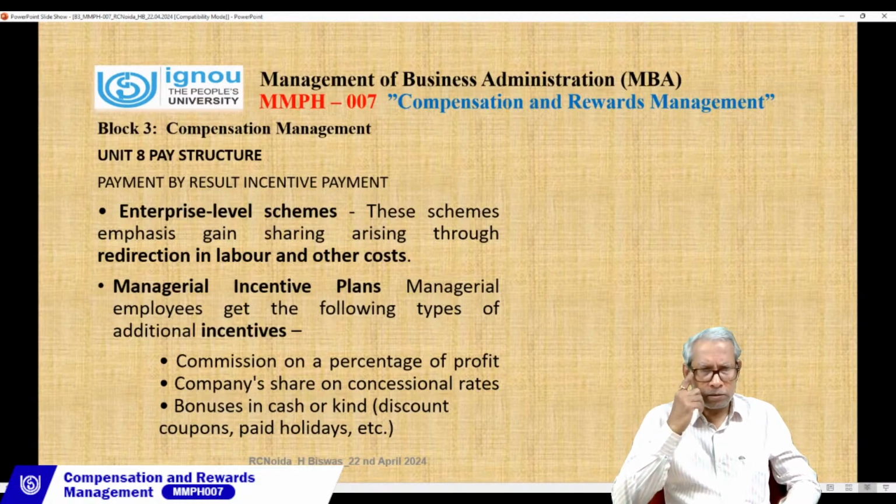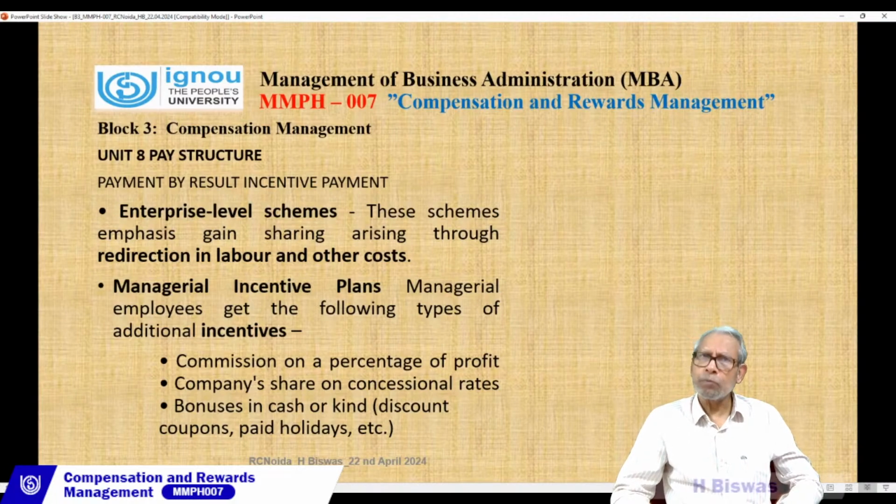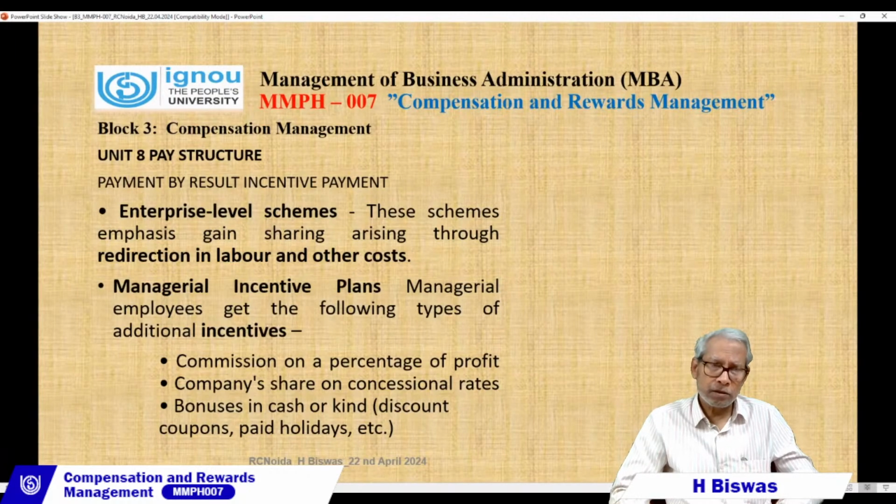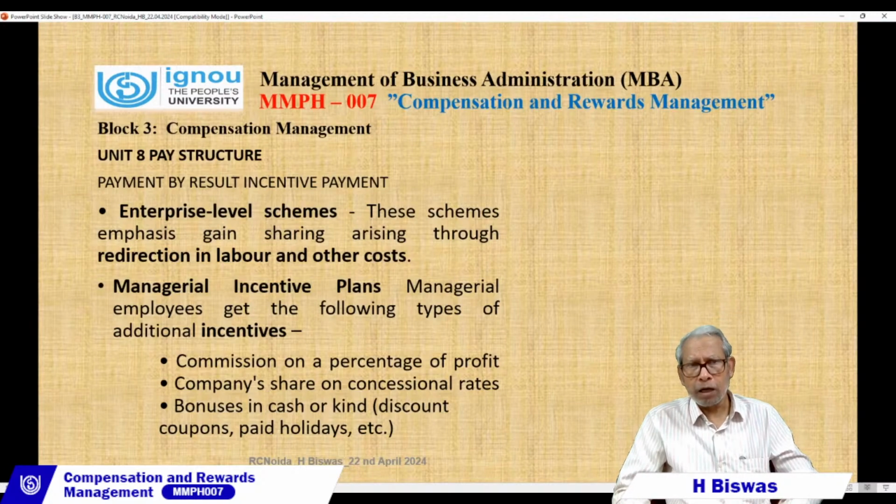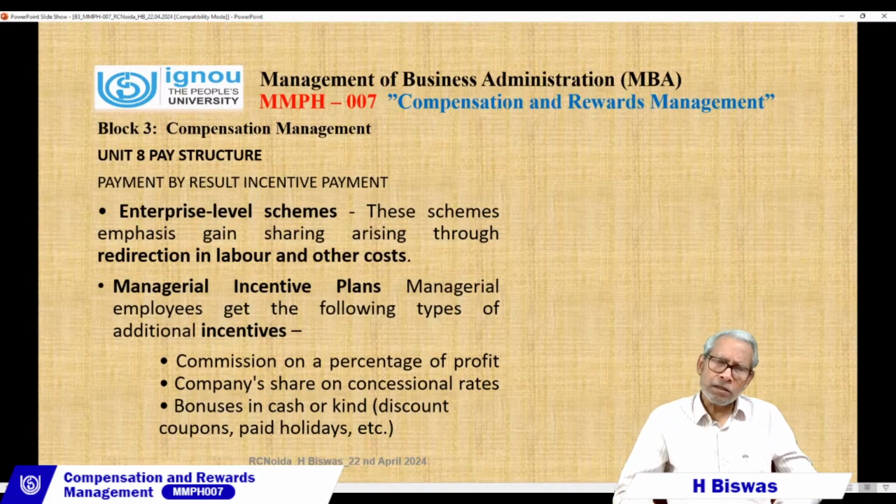Bonus in cash or discount coupons, maybe paid holidays, and as incentives you can go to resorts and holiday homes free of cost. Even travel, food, and accommodation are provided by the company. So this is the way the incentives are given under the managerial incentive plan.